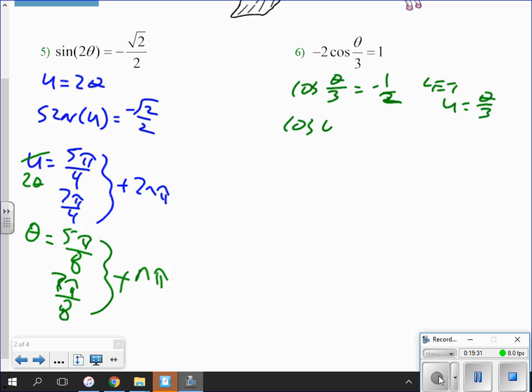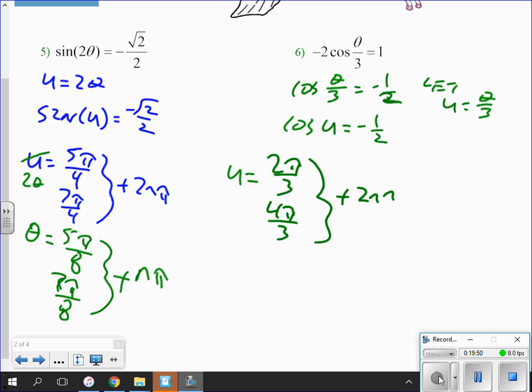So the cosine of U equals negative 1/2, which means that U equals, and negative 1/2 takes place at 2 pi over 3 and at 4 pi over 3 plus 2n pi.